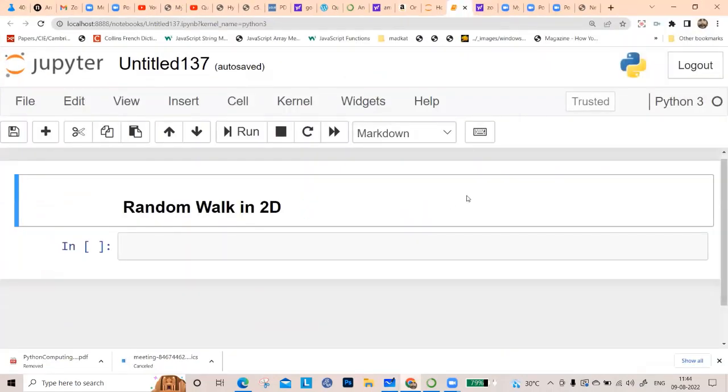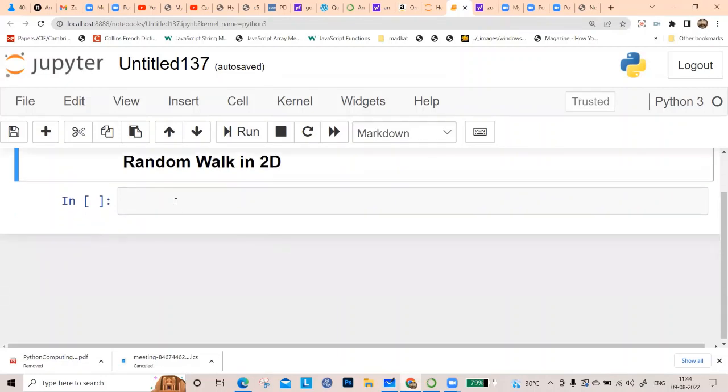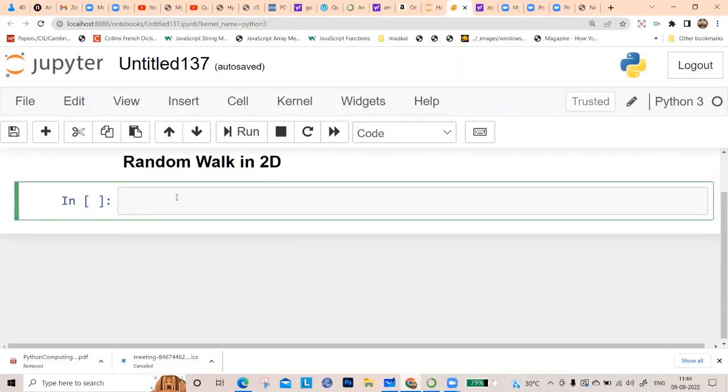Okay, so let me import from random. It's a random module in core Python. From random, let me import choice. Choice is the function. It chooses any element from any of the arguments.